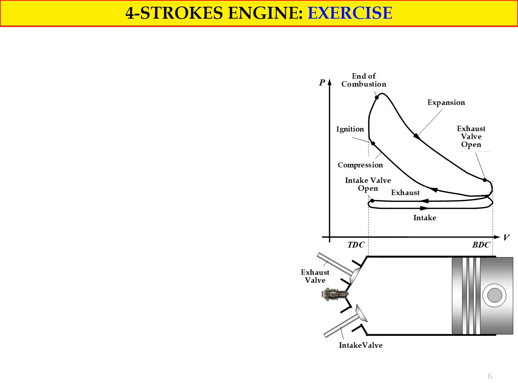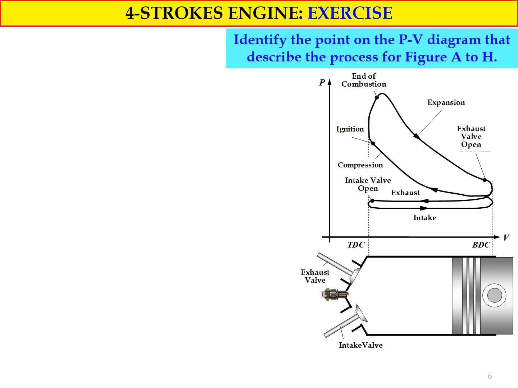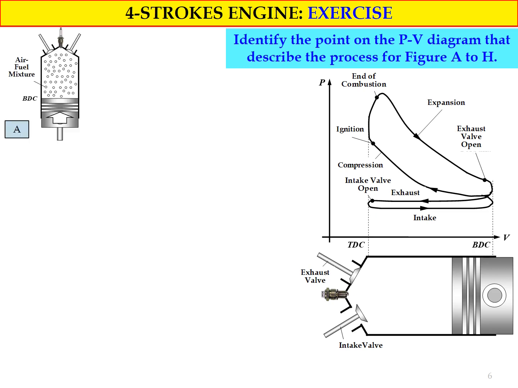Based on the PV diagram for the 4-stroke engine, I want you to identify the point on the PV diagram that describes the process for each figure from figure A to figure H. For example, if you have figure A as shown in the slide, you need to identify the process and represent the process by identifying the point on the PV diagram.